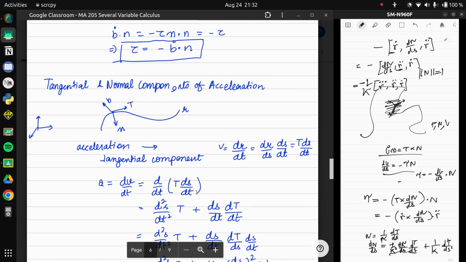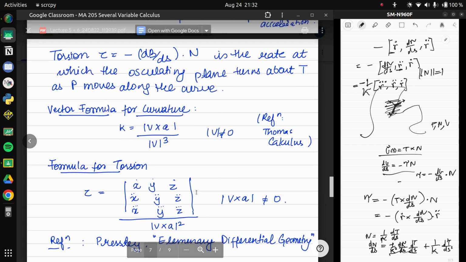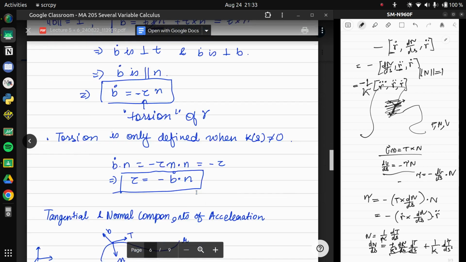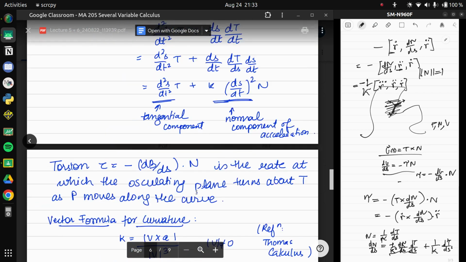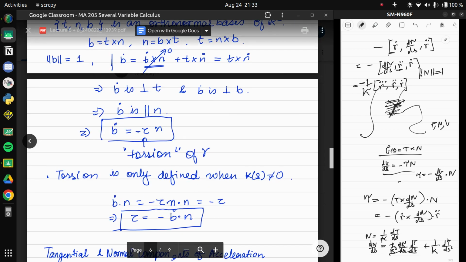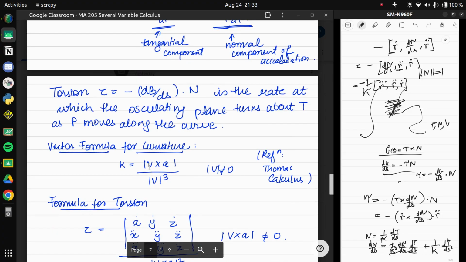What is b? I guess that's just this capital B thing. It's just b dot, right? Maybe. Well, db by ds, that's just b dot, isn't it? Sure. So it's just minus b dot dot n, negative db by ds dot n, right? That's what the torsion is.